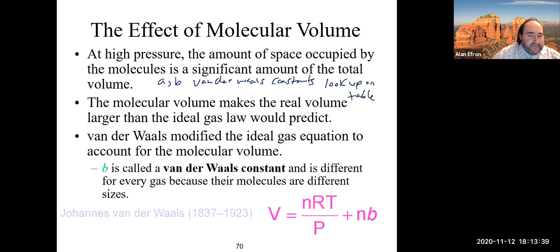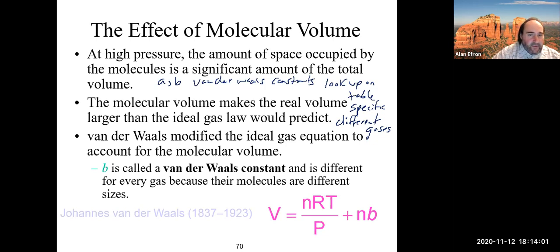And it is specific for different gases. So you would look it up, for example, for CO2 and find the van der Waals constants for CO2, which would be different than, say, for methane or something like that.